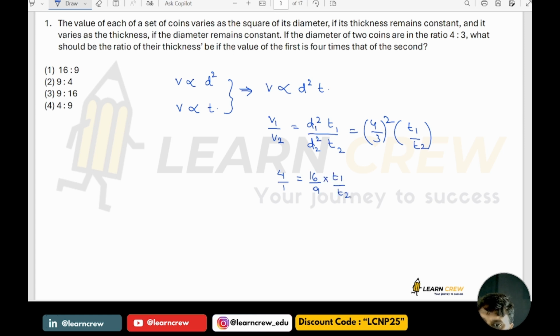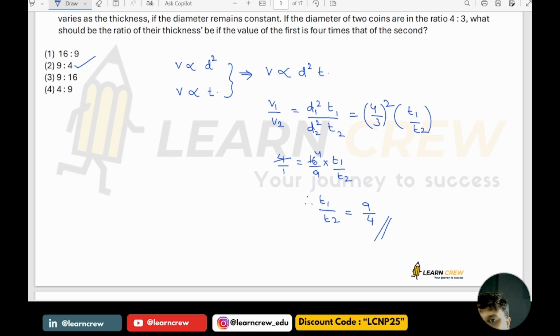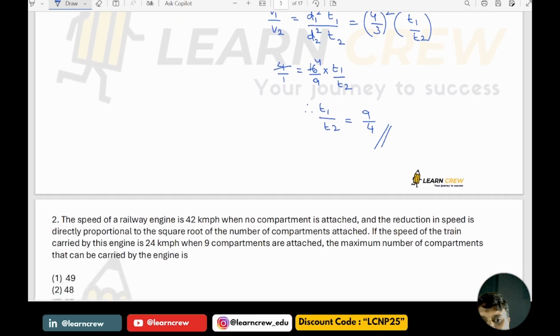From this, what can you say? Therefore, T1 by T2 is equal to 9 by 4. So the ratio of their thicknesses is 9:4. So option 2 is the answer. Right? Now, let us go to the next question.